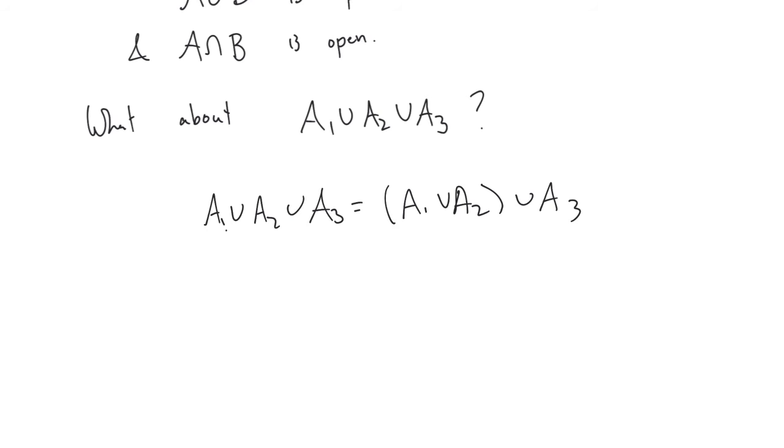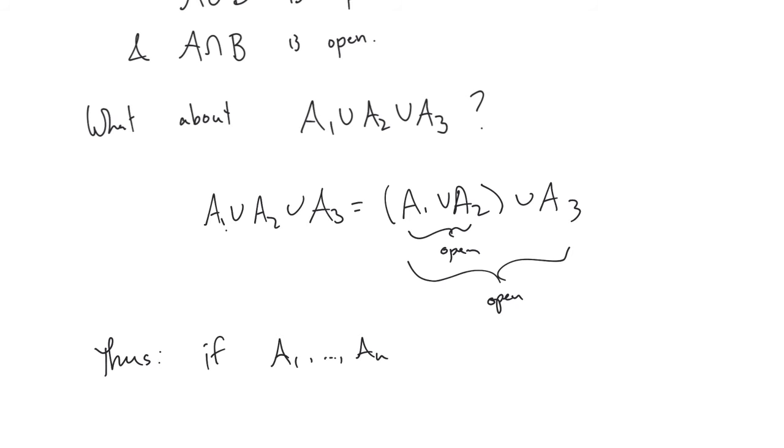So if you use the theorem, it means this one is open because the theorem is just about two at a time. But then you use the theorem again, and that shows the big one is open, right? Because the theorem tells you the one in parentheses there is open, and then the union with the last one, again, will be open because of the theorem. So this business about just combining two sets automatically gets you, say, if A1 up to AN, it's not just 3, you can do this for any number.